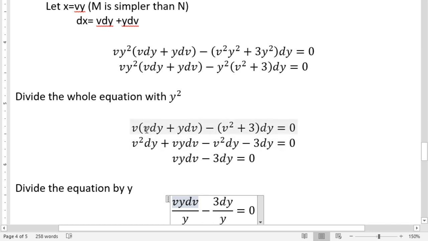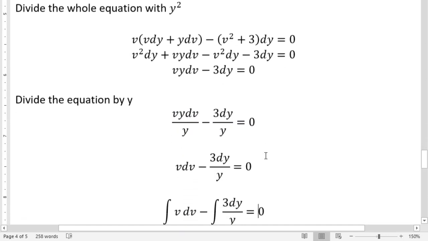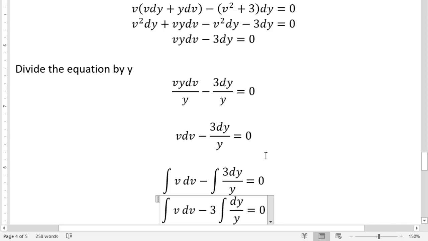And then, distribute natin si v. So, v squared dy plus vy dv minus, distribute din natin si dy at yung negative sign. So, negative v squared dy minus 3 dy. And as you can see, v squared dy, positive and negative magka-cancel out. So, matitira is vy dv minus 3 dy is equal to 0. Okay, divide the equation by y.